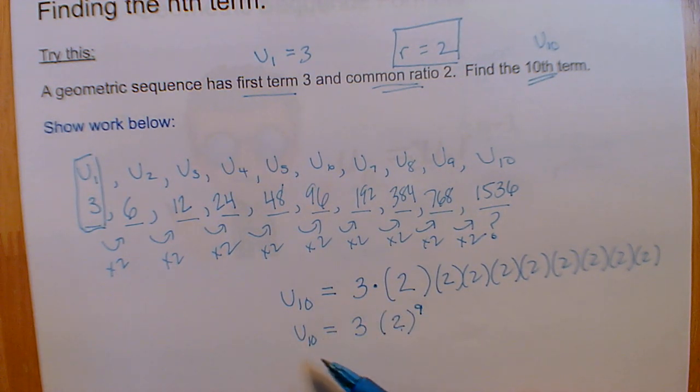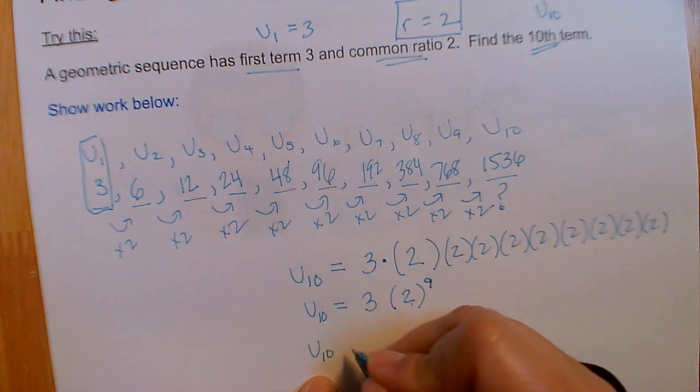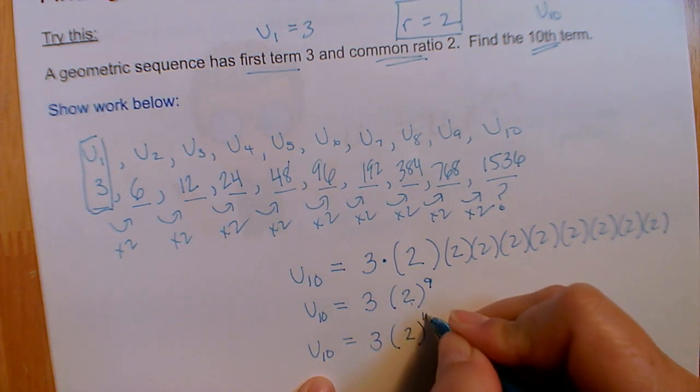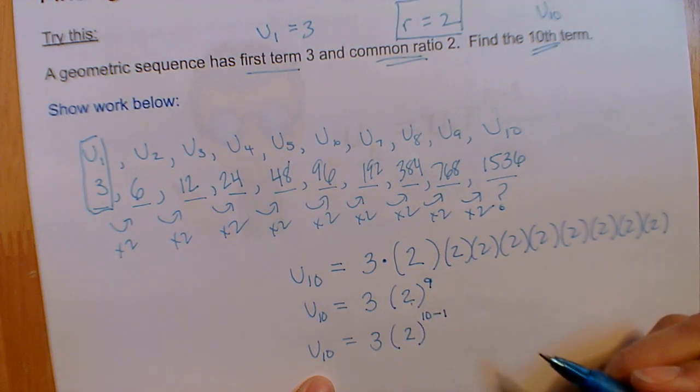This is now the derivation of a formula. Our formula, if you want to incorporate the 10, equals 3, 2 to the 10 minus 1, because 10 minus 1 is 9. I'm wondering if this is going to work for everything.